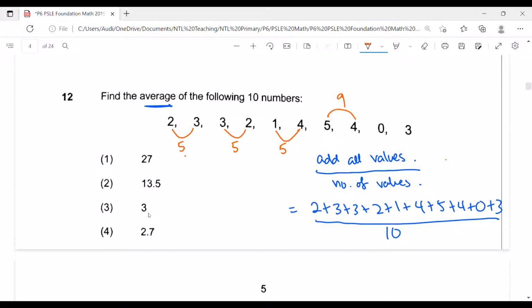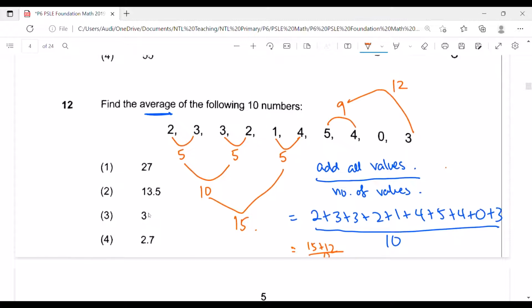Okay, now 5 and 5, 10. Now we add this one together, becomes 15. This 2 here becomes 12. So the total will be 15 plus 12 over 10.